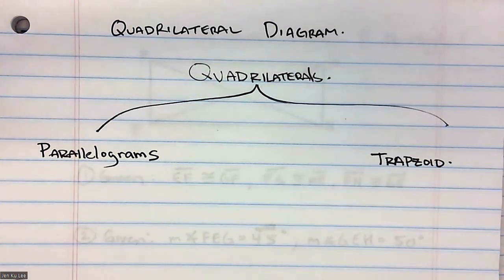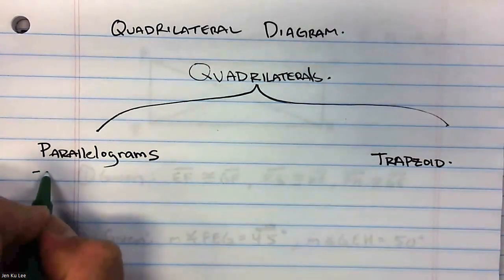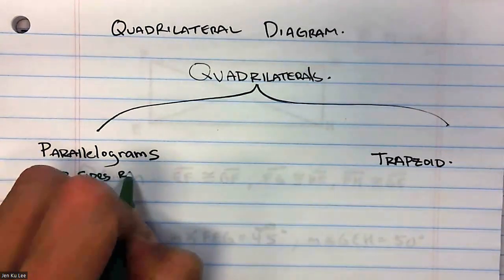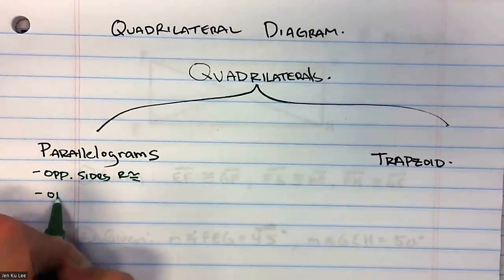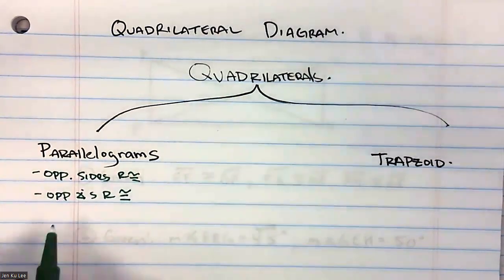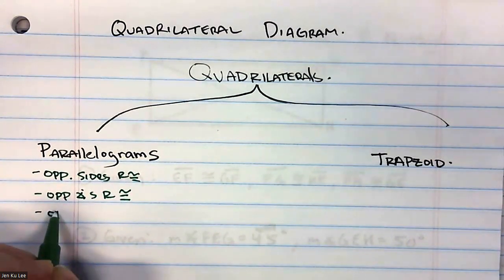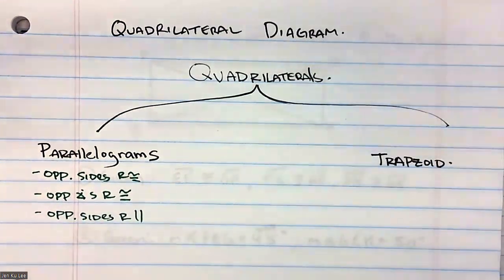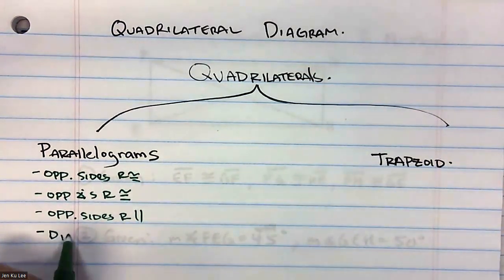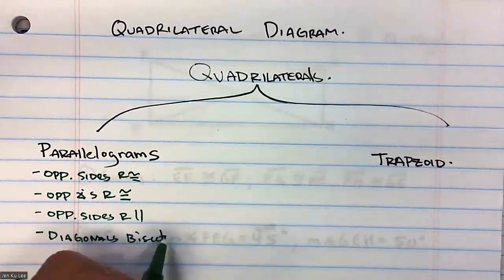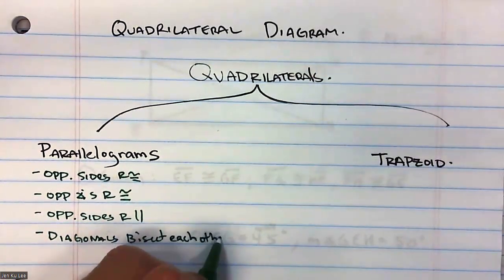So the traits of a parallelogram are opposite sides are congruent, opposite angles are congruent, opposite sides are parallel, and the diagonals bisect each other, right?